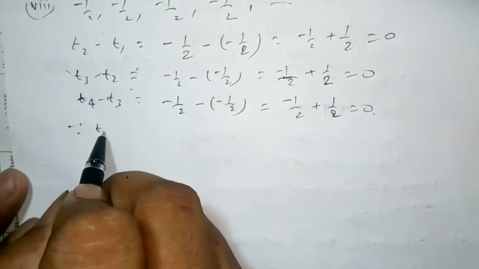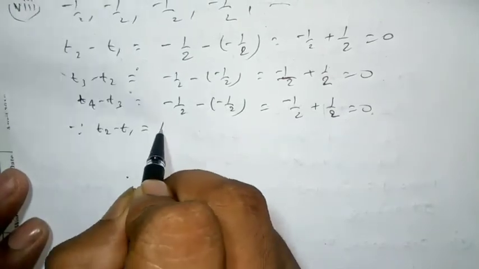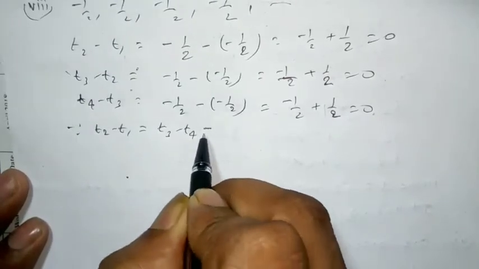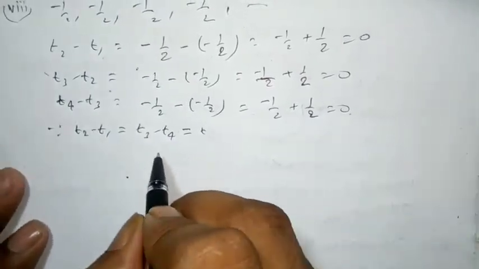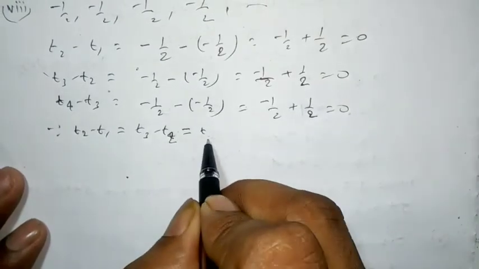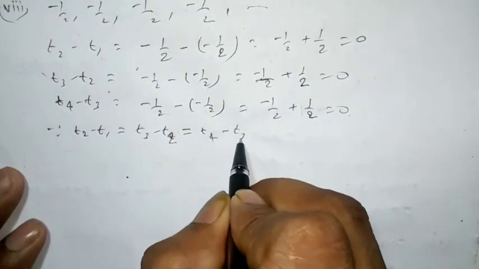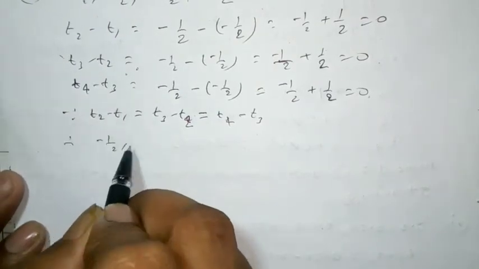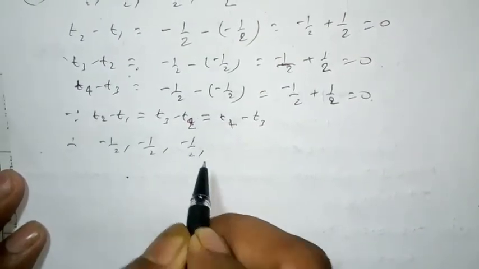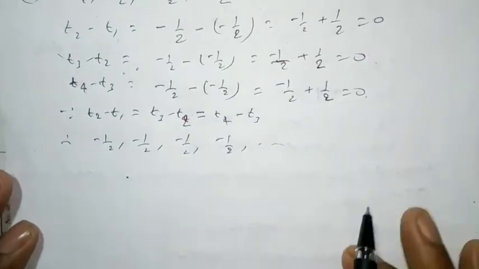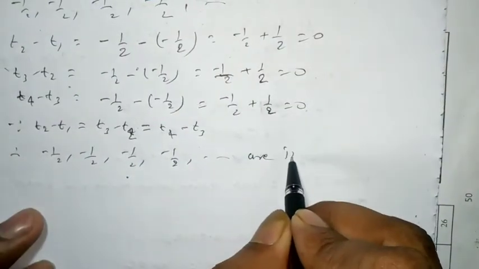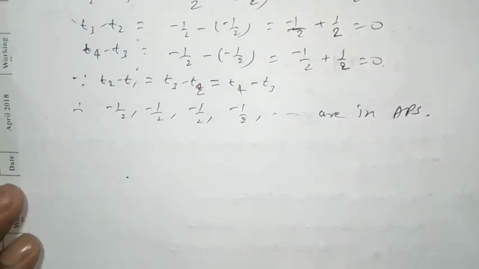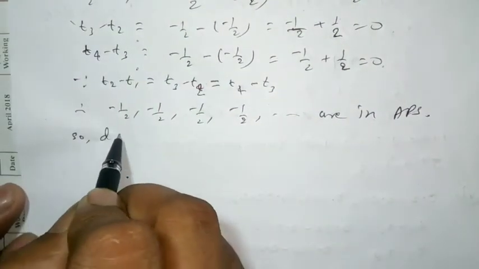Because T2 minus T1 is equal to T3 minus T2 is equal to T4 minus T3, therefore minus 1 by 2, minus 1 by 2, minus 1 by 2, minus 1 by 2, and so on are in AP. So d is equal to 0.